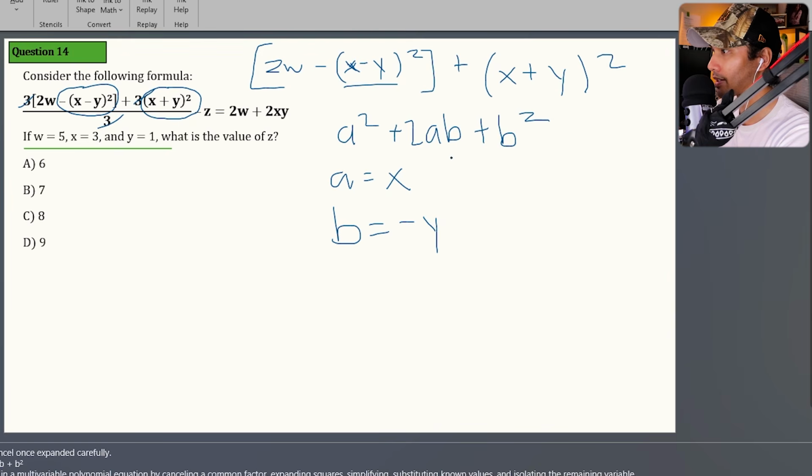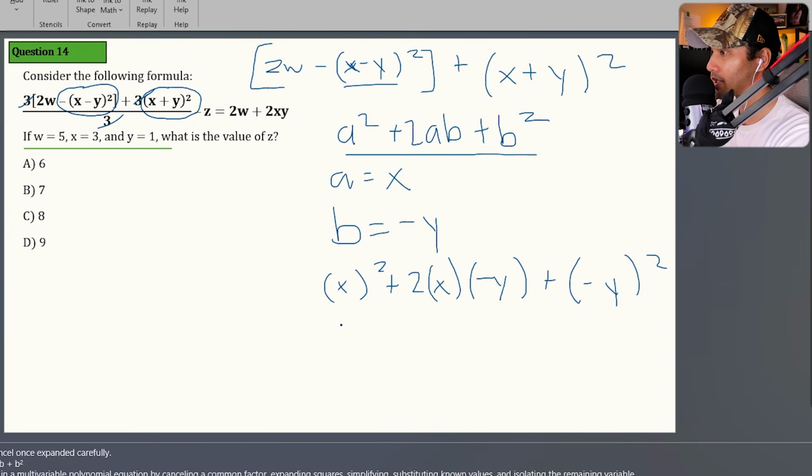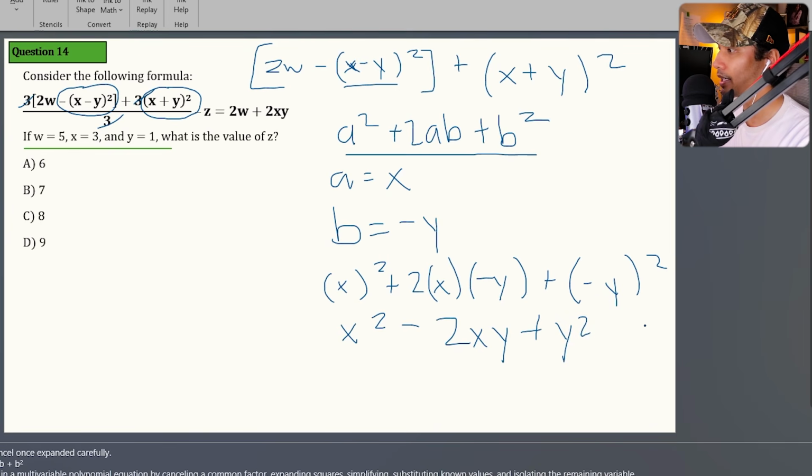Plugging in, we have x squared plus 2 times x times negative y, which is negative 2xy, plus negative y squared, which becomes y squared because a negative times a negative is positive.